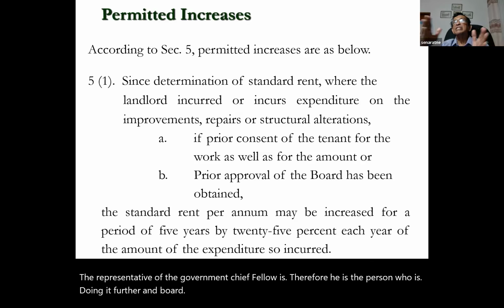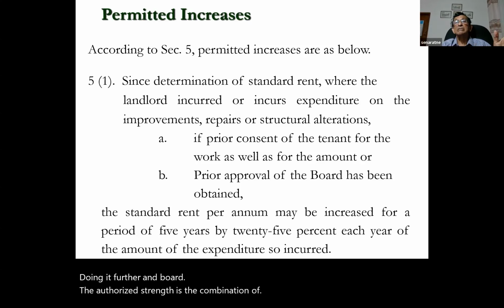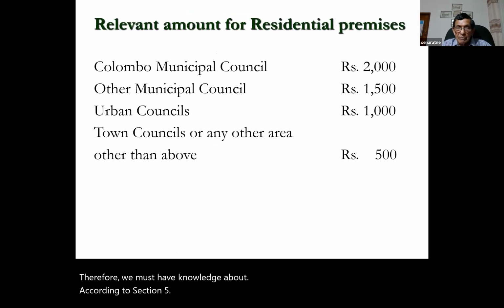The authorized rent is the combination of standard rent plus permitted increases. Therefore, we must have knowledge about permitted increases. According to section 5, permitted increases are as below.